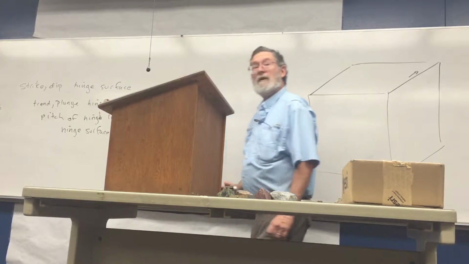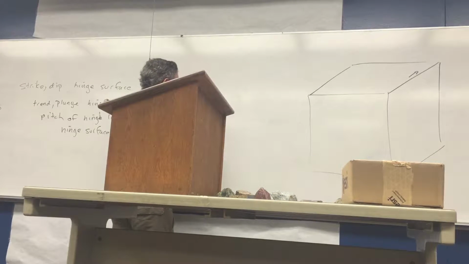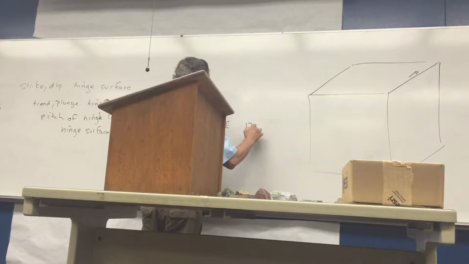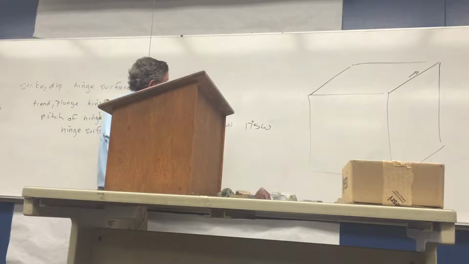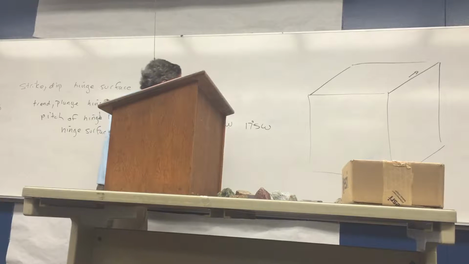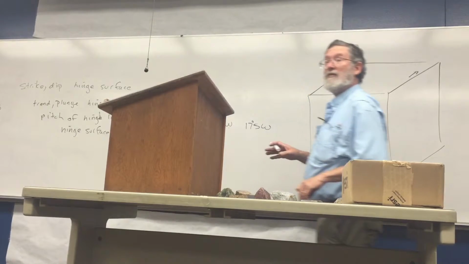So in this case, we would say north 45 degrees west, 17 to the southwest. We could have denoted that as simply 045, but in this case we would have to modify that to 315 to then have 17 southwest.